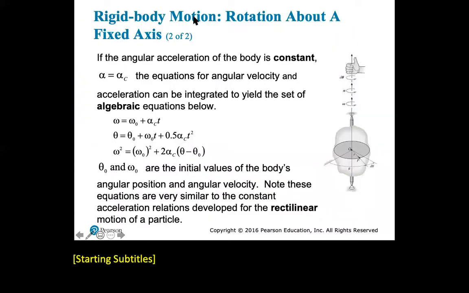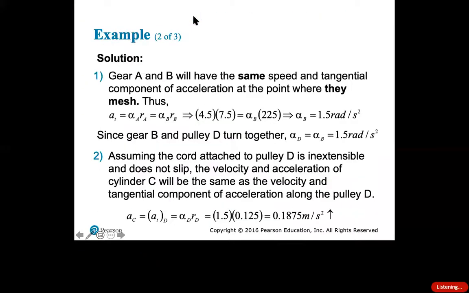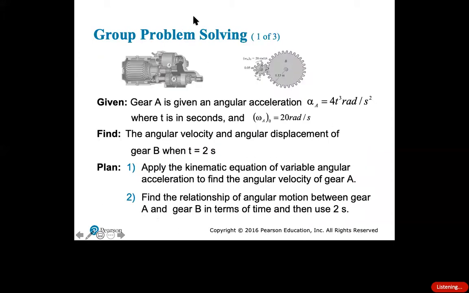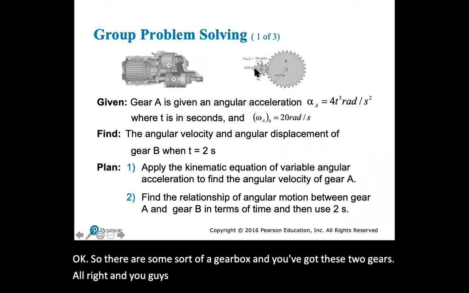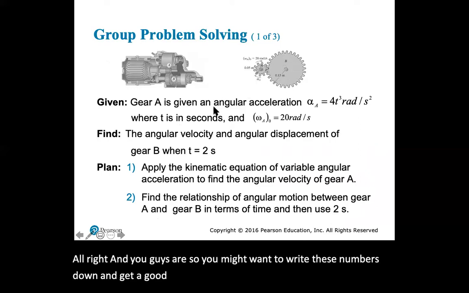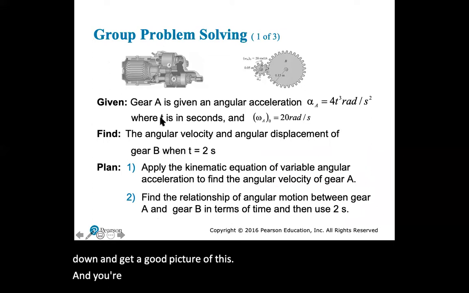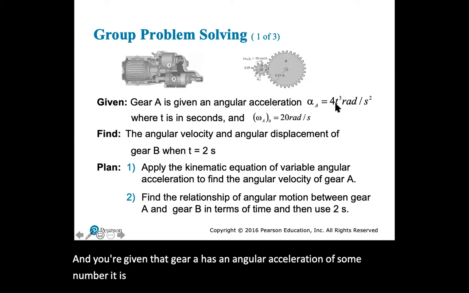So the problem I want you guys to think about is this one. Okay, so there's some sort of a gearbox, and you've got these two gears. You might want to write these numbers down and get a good picture of this. You're given that gear A has an angular acceleration of some number. It is not constant. It changes in time.